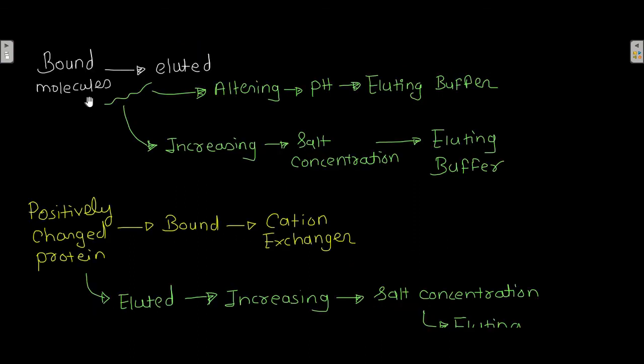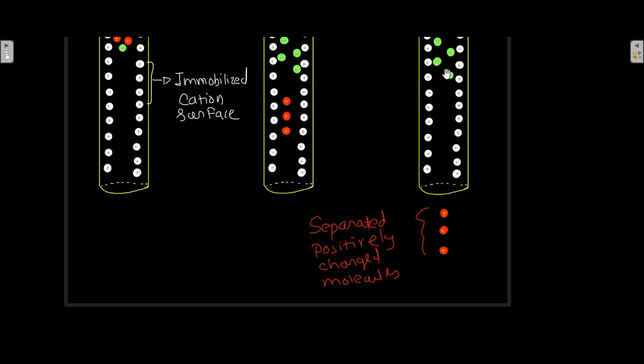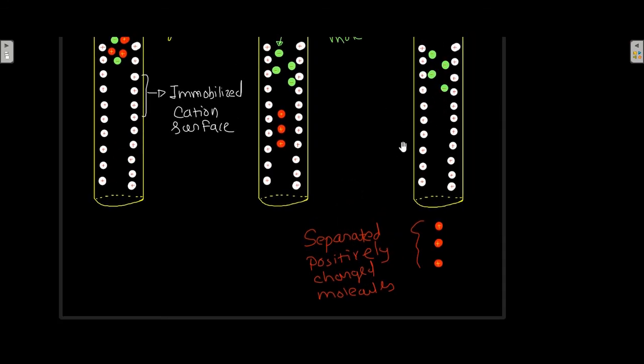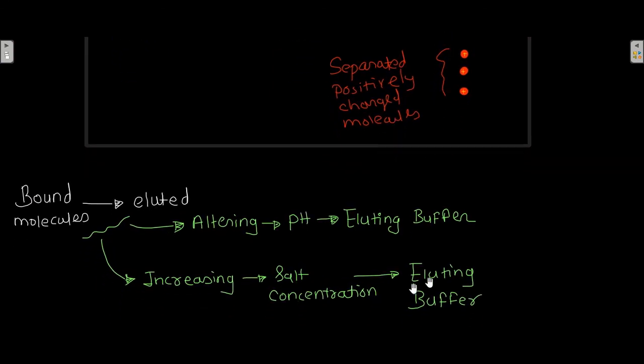Those bound molecules can be eluted by altering the pH of the eluting buffer or by increasing the salt concentration of the eluting buffer. So there are two ways by which bound molecules can be released: either you increase the salt concentration of the eluting buffer, or you alter the pH of the eluting buffer.